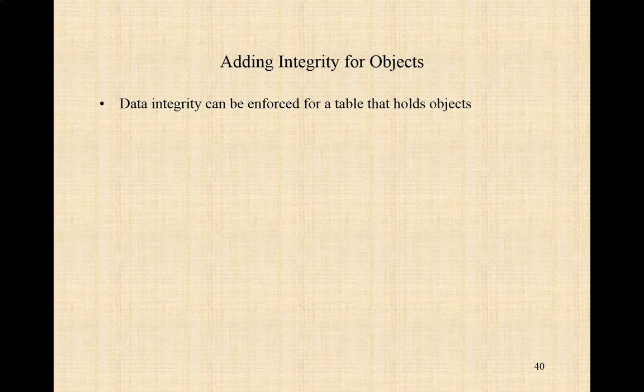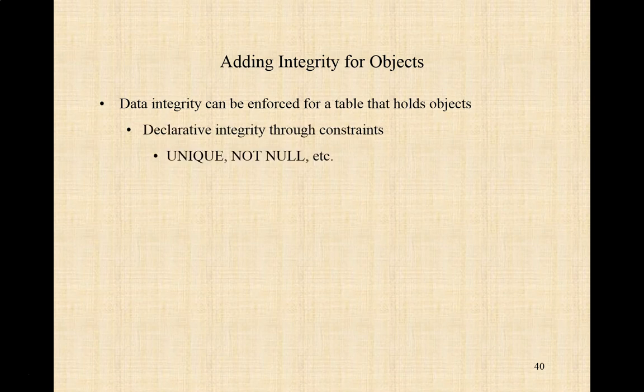With the general concepts of a constructor explained, we now turn to a little bit deeper explanation of constructors and how they can be used to add integrity for objects that we create. If we store an object in a table, we can use declarative or procedural integrity mechanisms to ensure the validity of these attributes. In the case of declarative integrity, we might have a constraint that says unique, not null, or something of that sort.